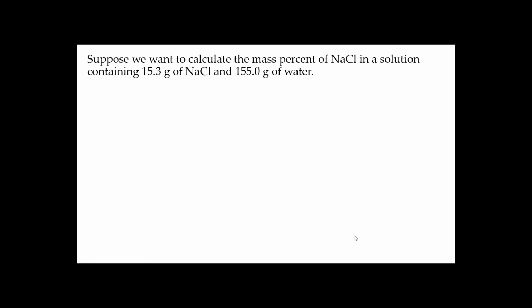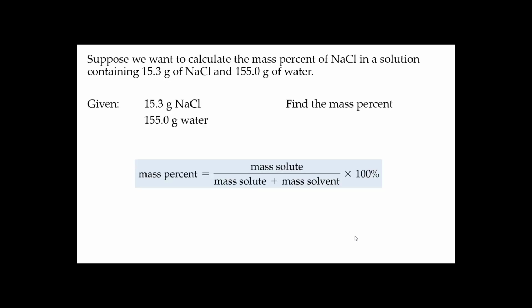So suppose we want to calculate the mass percent of sodium chloride in a solution containing 15.3 grams of sodium chloride and 155 grams of water. Same thing, everything applies. We look at what we're given. We're given 15.3 grams of sodium chloride. We're also given 155.0 grams of water. We need to find the mass percent, and how do we do that? By using the formula that's been given to us.